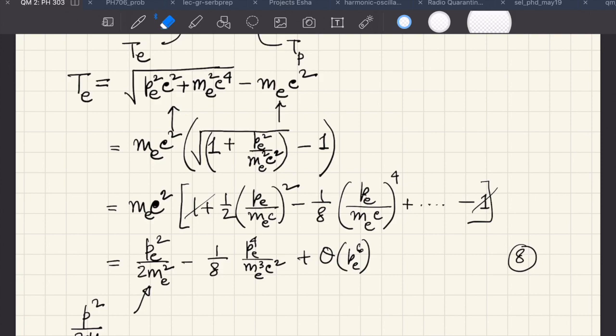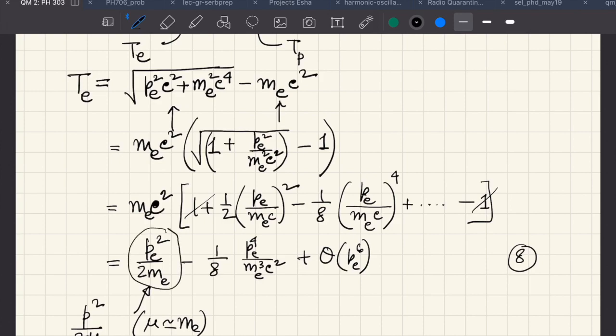This should only be me. So this is p squared by 2 mu, and we always have to remember that mu and me are basically the same. This is my non-relativistic kinetic energy term. And the kinetic energy operator therefore has this part, and the other part can be thought of as some perturbation.